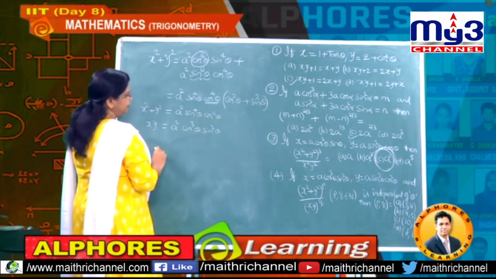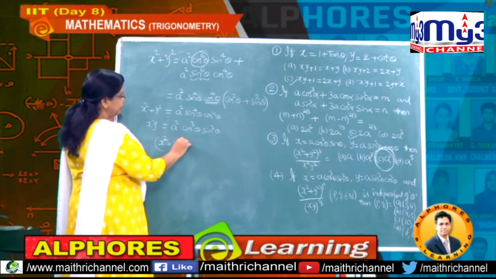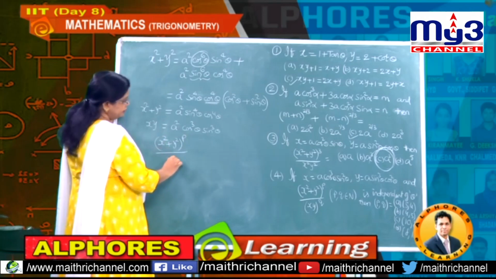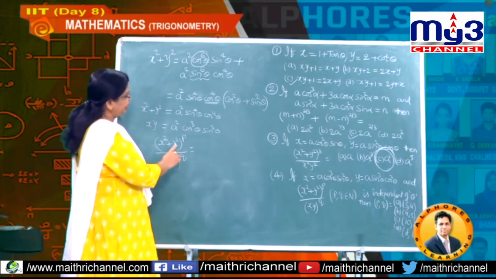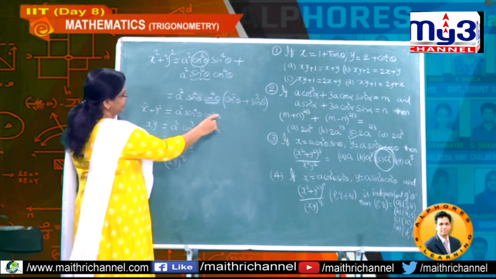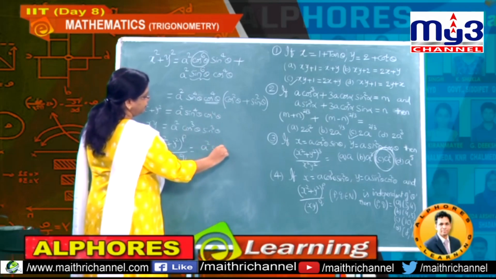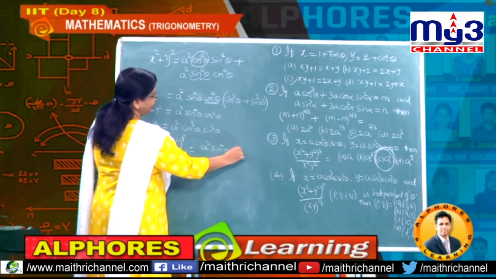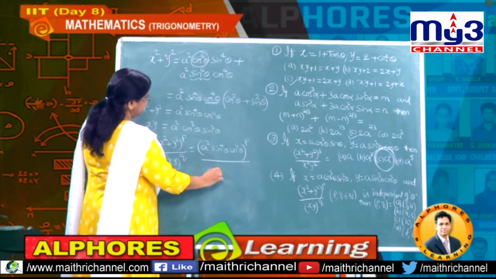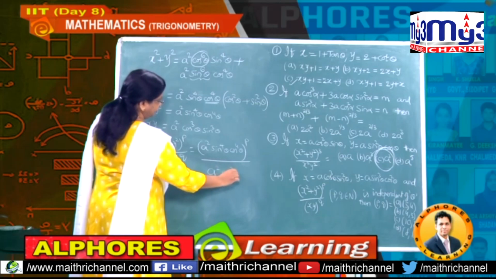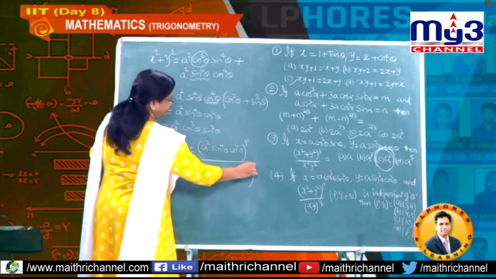Now I am taking the given problem, x square plus y square whole power p divided by xy whole power q. Now in the numerator, if I substitute, a square sin to the power of 4 theta cos to the power of 4 theta whole to the power of p, divided by a square cos cube theta sin cube theta whole to the power of q.